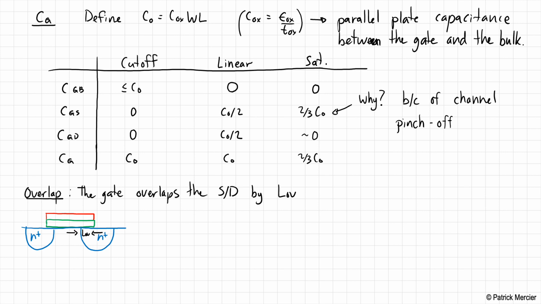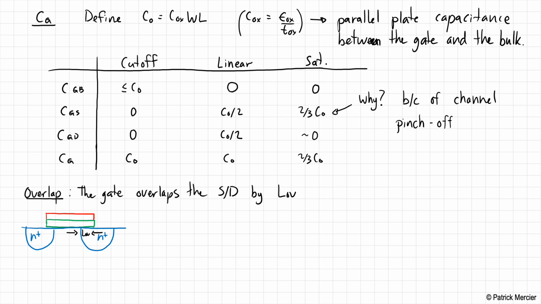Okay, and this is typically required in a manufacturing process because you want to make sure that the doped area is right next to the channel, and ideally LOV will be 0. You definitely don't want LOV, at least in this definition, to be negative. That is, the doped region is away from underneath the gate. So you definitely don't want that, and so manufacturers tend to err on the side of having a little bit of overlap just to make sure that the transistor is fabricated correctly.